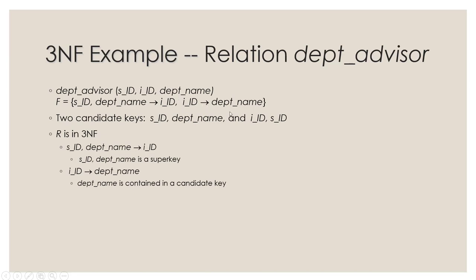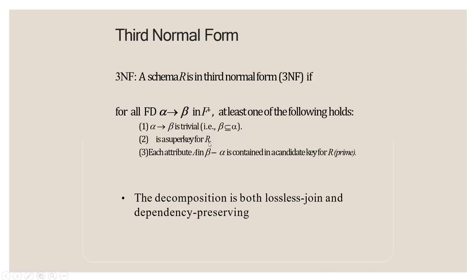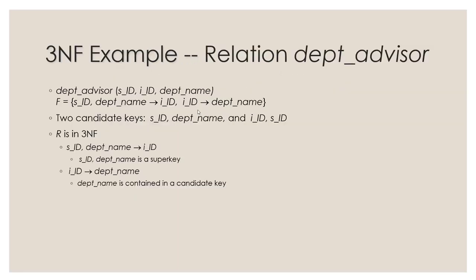We have IID and department name. Is IID alone enough to get the whole relation? No, because with this, I can get IID and department name, but I cannot get SID. So this is not a key. With 3NF, there was a third condition, where each attribute A on the right-hand side is part of a candidate key.